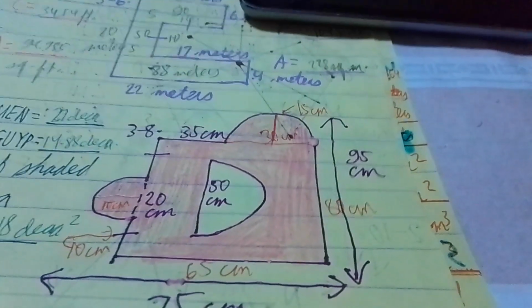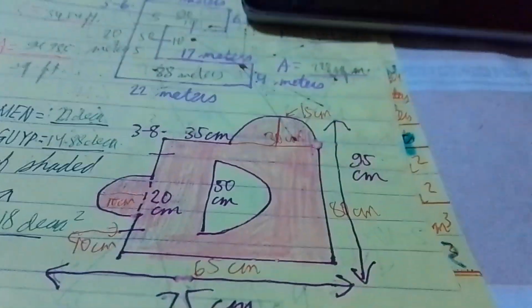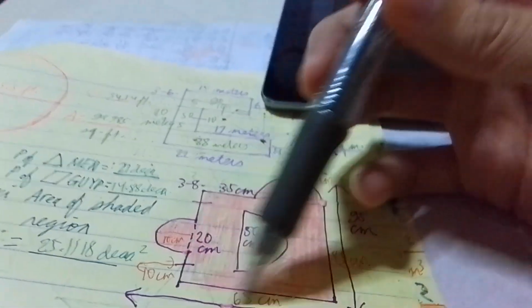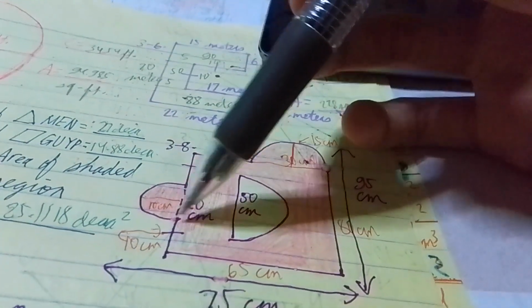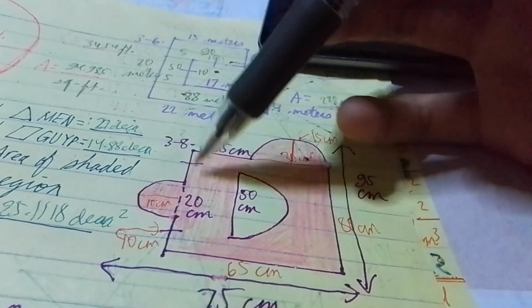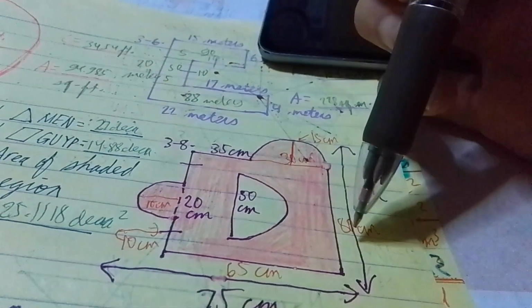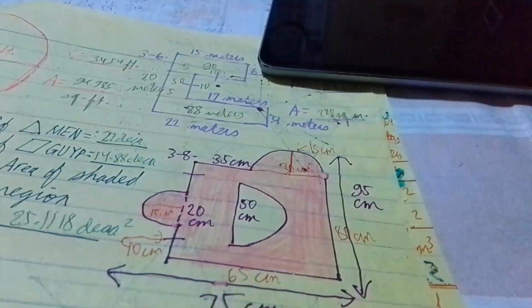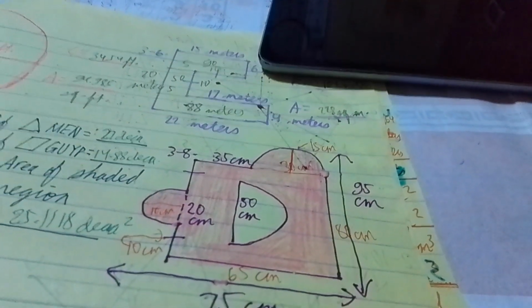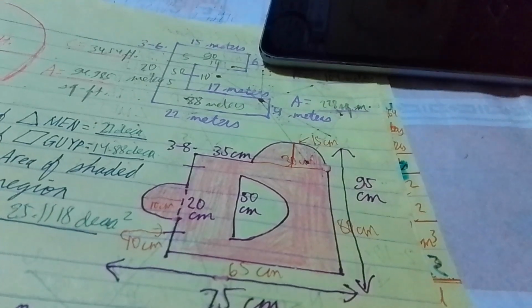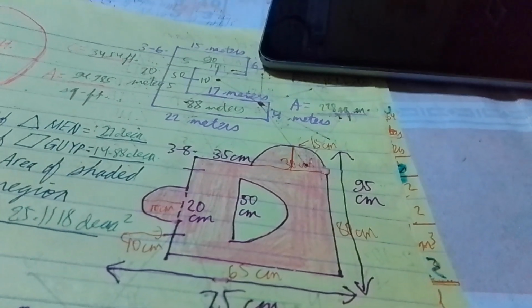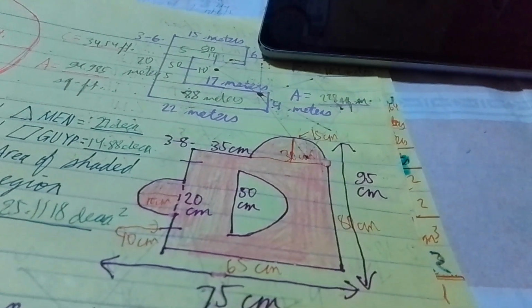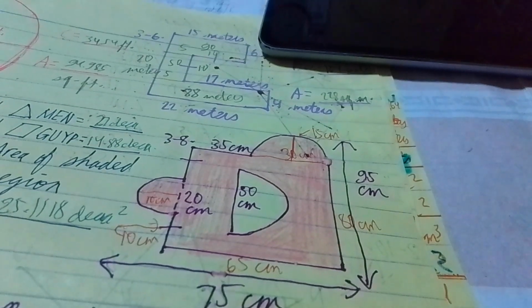So now you have already gotten the measure of every dimension. This is 65. Let me trace it with a pencil for you. This is 65. This is 20. These two we don't know. But look, this is 80, right? 80 minus 20, and remember there are two isosceles marks. So therefore, we know that both lines are congruent. So 80 minus 20 is 60, right? And 60 divided by 2, can you guess what's the answer of the two lines?